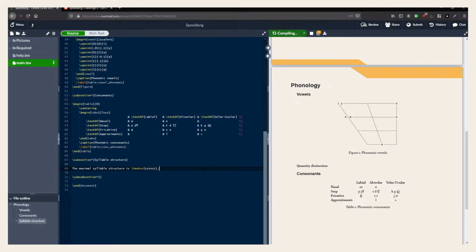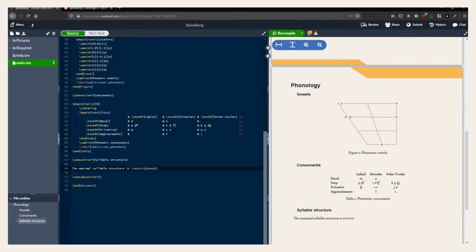Just as a guideline. Let's see. All syllables are mandatory. Have a mandatory V segment.